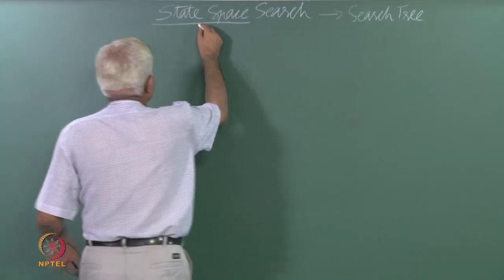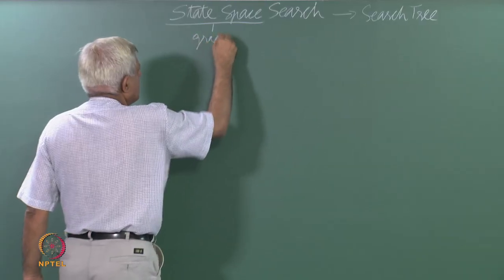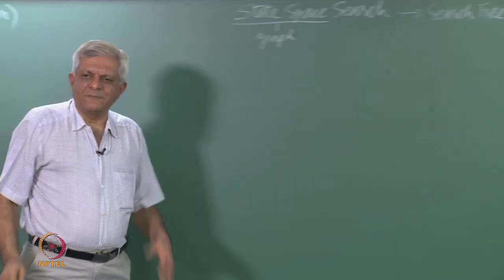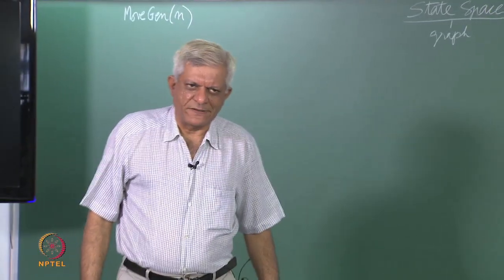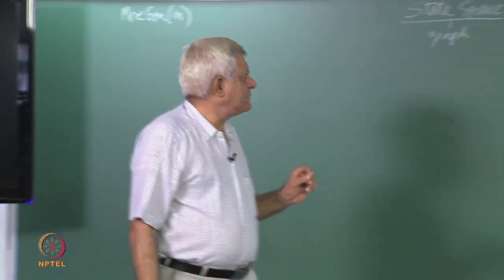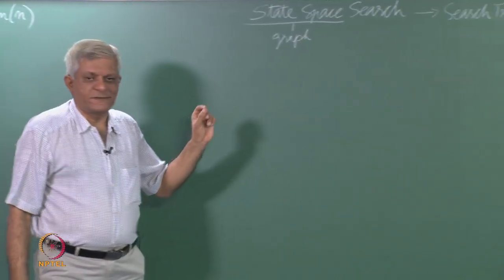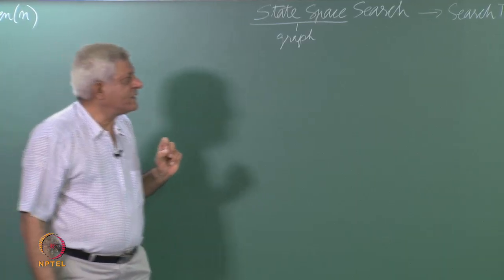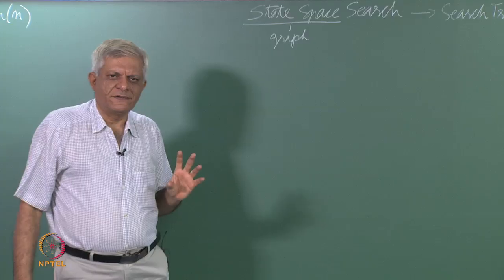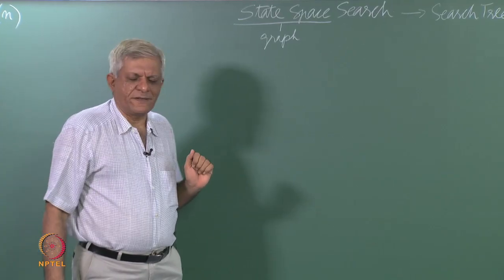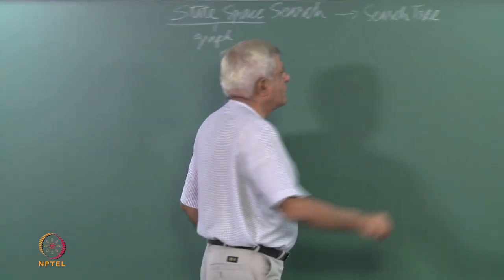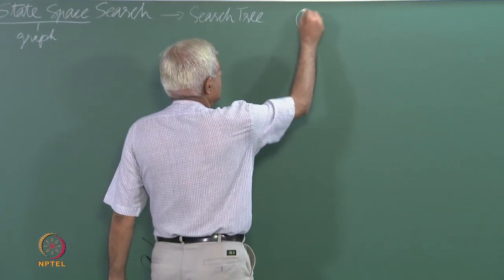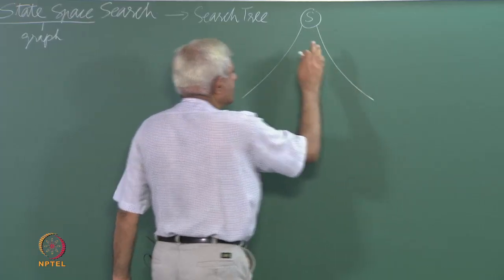So, the state space is a graph, at least implicitly it exists even though we do not have it with us, and the state space search generates a search tree, and we saw that this search tree is characterized by, so we start with some search node and then we go down searching the tree.